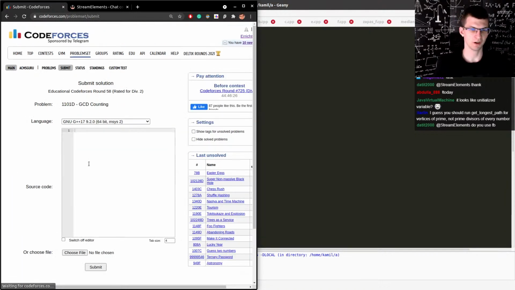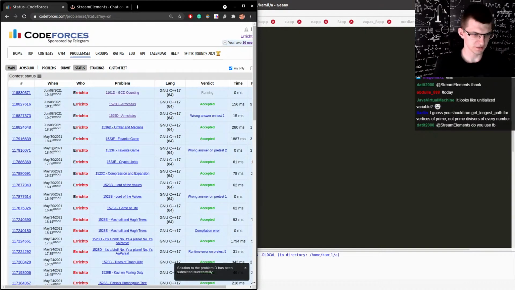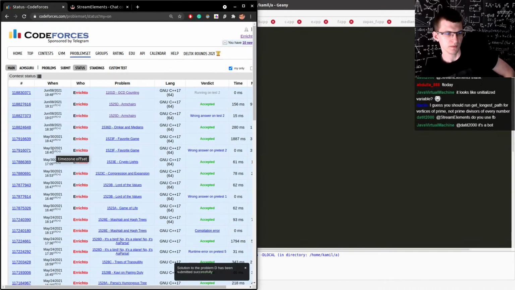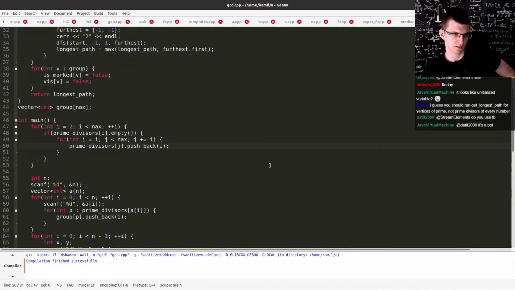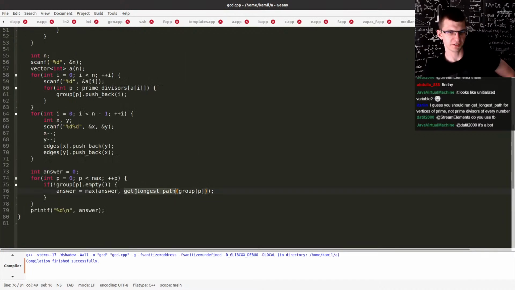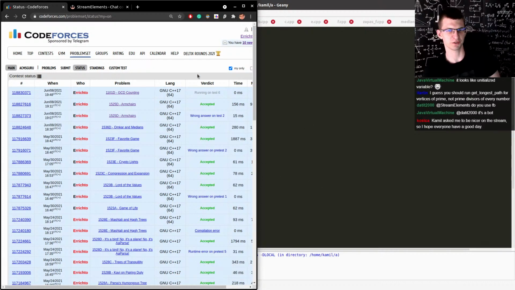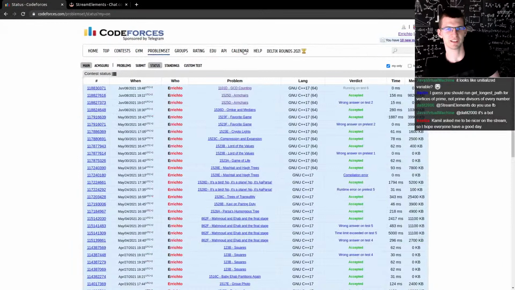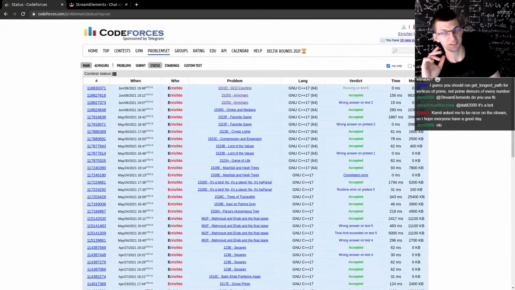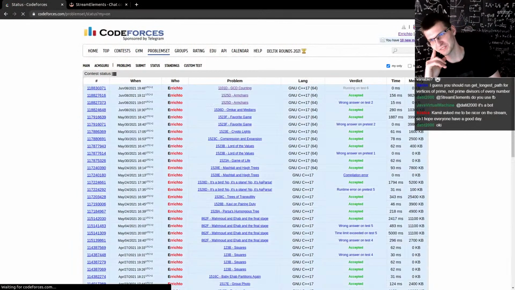It's linear times log. So it should be fast enough. Running for prime divisors of every number is a bit stupid because it doesn't actually take into account what the tree looks like. It always assumes that it's like 200,000 vertices with very particular groups.